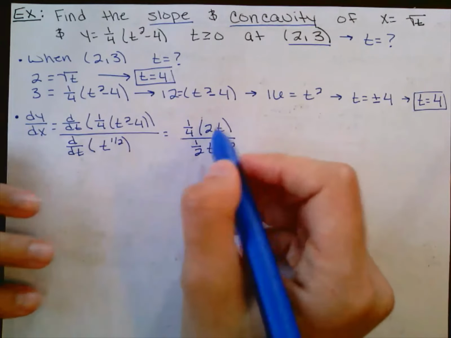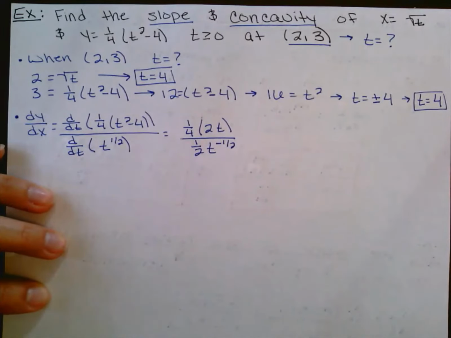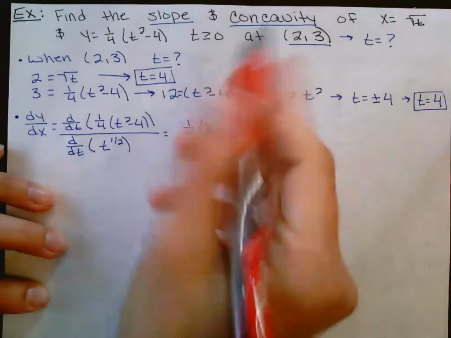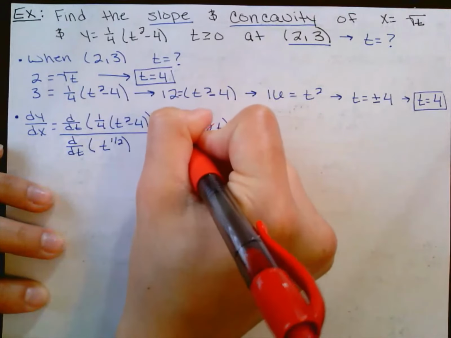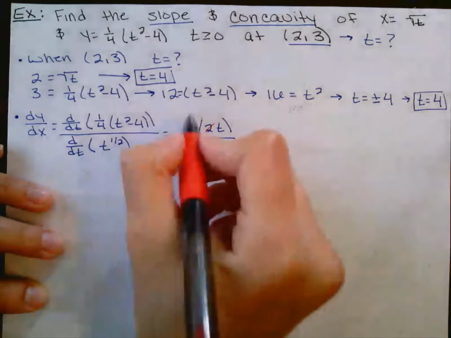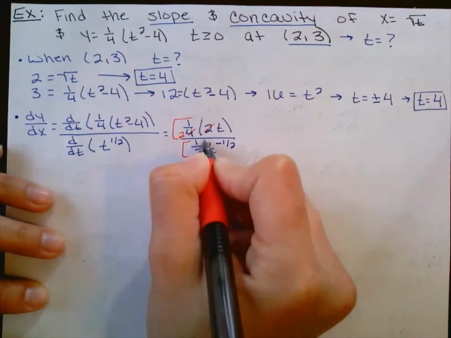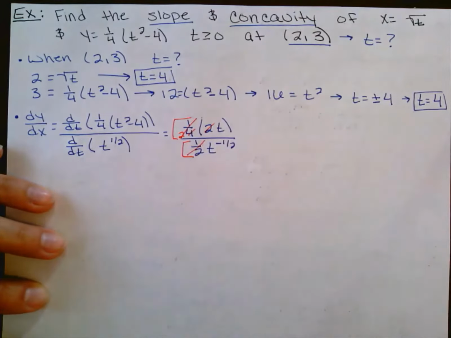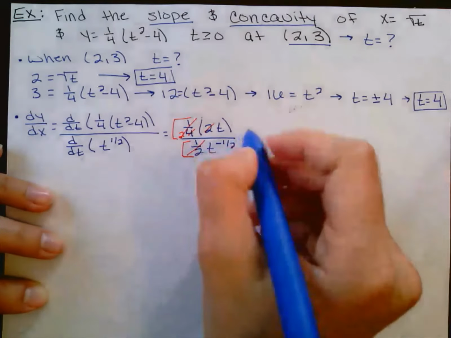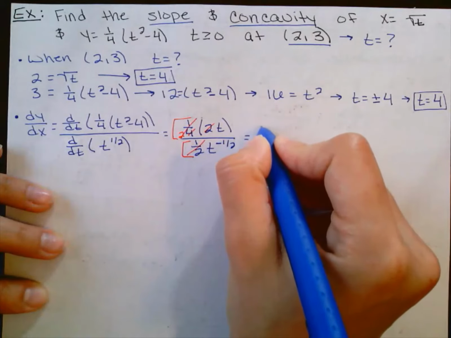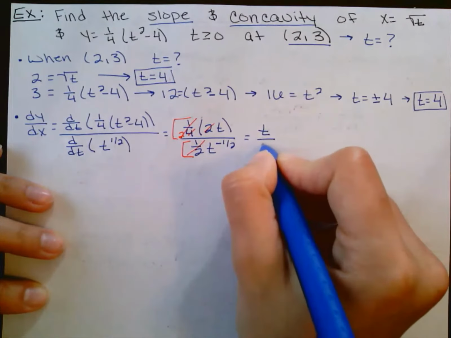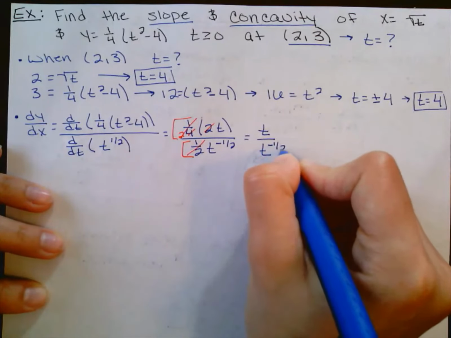Okay? If I start doing a little bit of cleaning, this is going to reduce to 2. So then if I have a 1/2 on the top and a 1/2 on the bottom, those are going to completely cancel. So now I'm working with t divided by t to the negative 1/2.